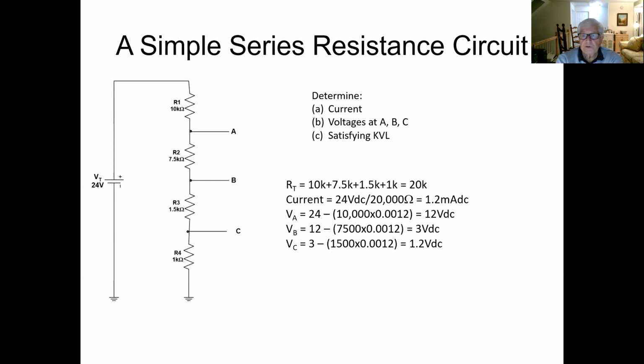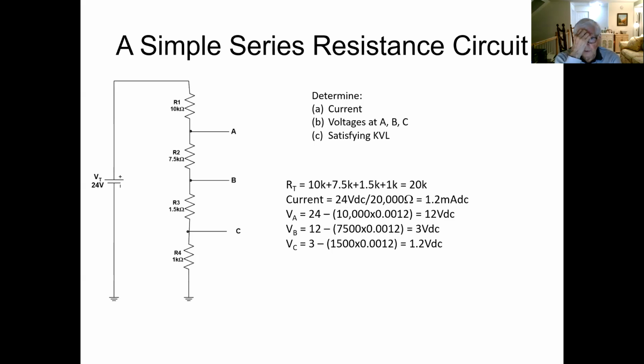This is a series circuit, so there's only one current, and it goes through all the resistors. In order to figure out what the current is, we need to know what the effective or total resistance is.